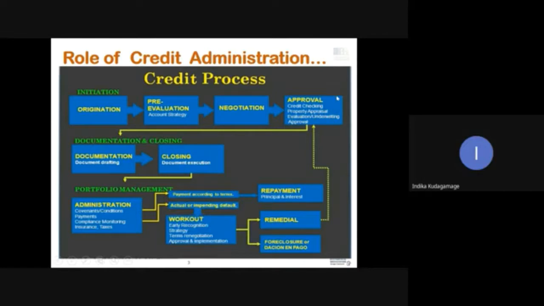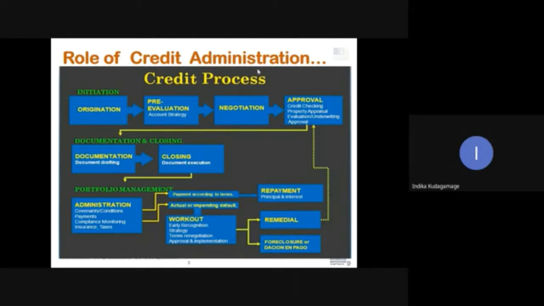If you can remember, the very first day I did credit strategy and credit policy with you. There I showed you a graph. You have starting from origination, you go up to the approval, then disbursement, monitoring, follow up and the recoveries.